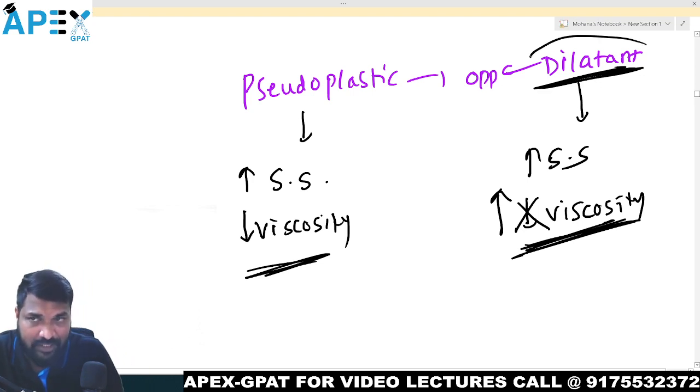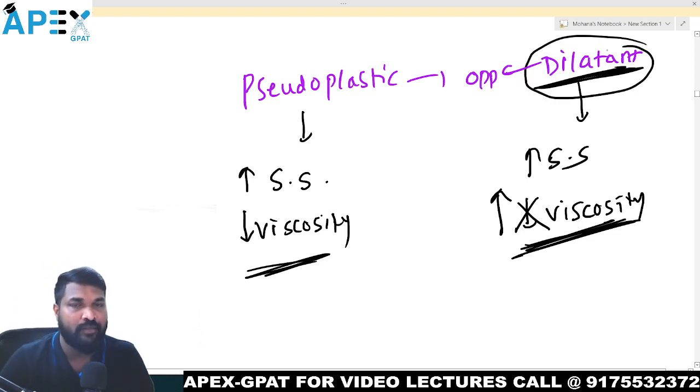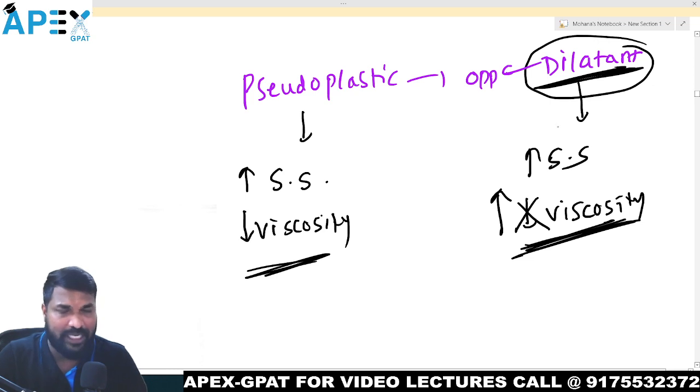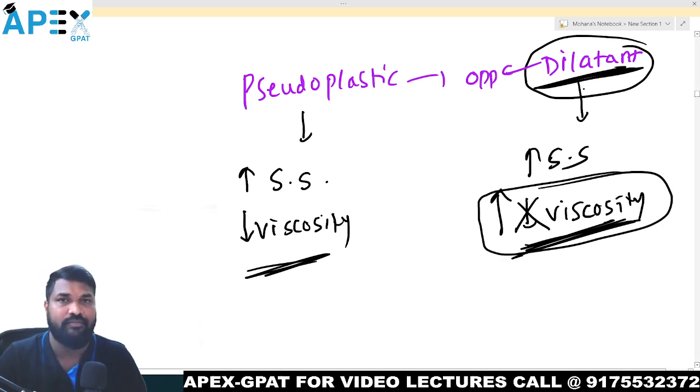This is where the students make the mistake. Students think dilatant means flow is happening, so viscosity will be less. Wrong perception. The volume increases, but the viscosity increases.